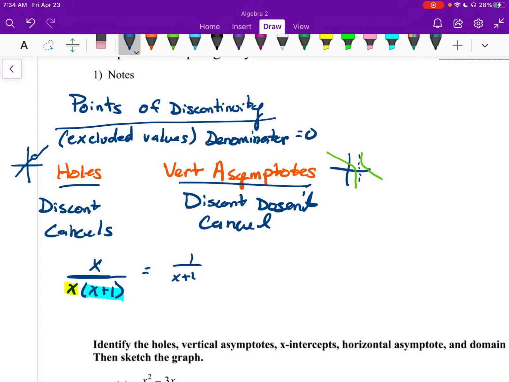So the 0 canceled. So this one would have a hole at x is 0. But then the -1 stays, so it would have a vertical asymptote at x is -1. Okay, so that's what we're going to be doing there.